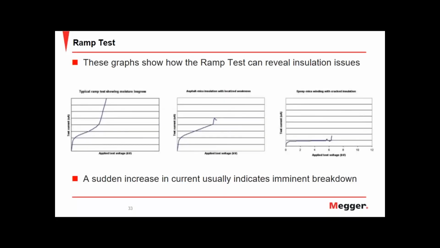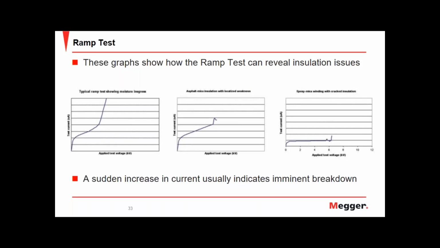In this one, we can see a number of different shapes to these ramp tests. On the left, we can see where the current starts to go up quite rapidly. This indicates there's moisture ingress, possibly into the cable. In the middle one, we're seeing some localized weakness.